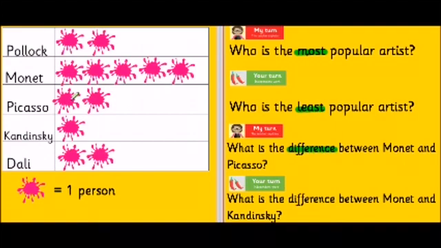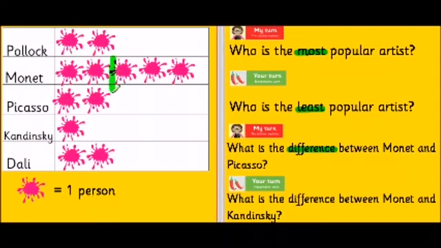As we move along, we can see, yeah, a second person said Monet and a second person said they like Picasso too. Now, 3 more people went on to say they liked Monet the best, but no more people went on to say they liked Picasso the best. So that's the difference. Up to a point, they are the same.